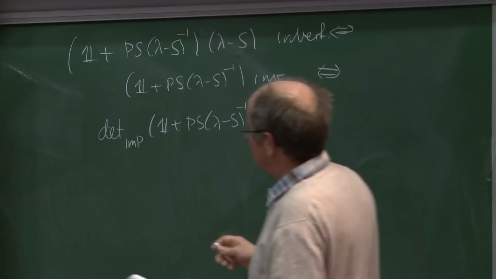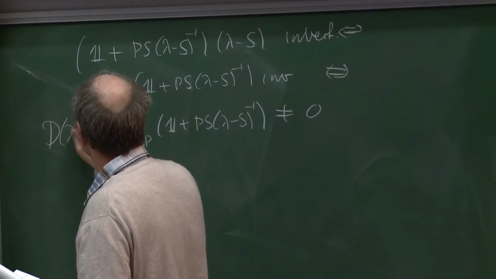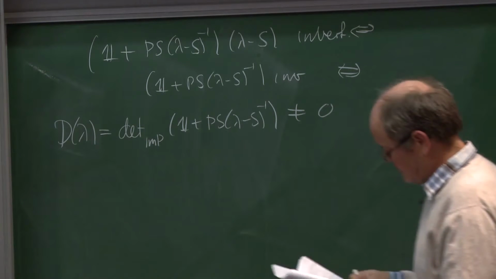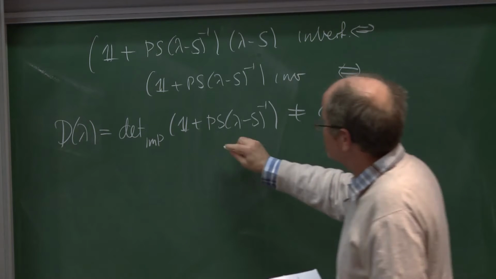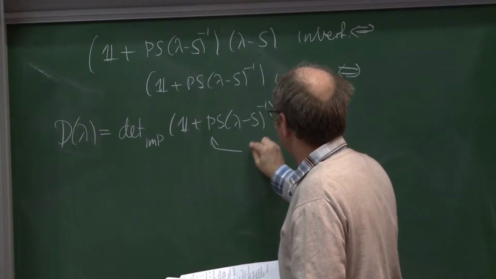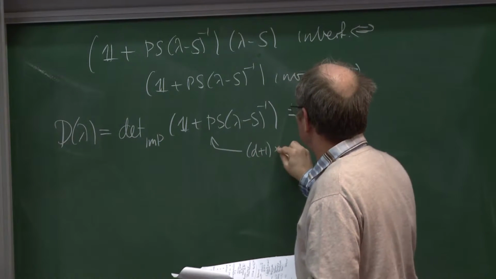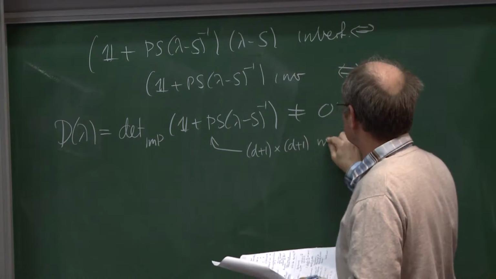So if we call this d lambda, then this, as I said, is a finite rank. So this really involves just computing a d plus 1 matrix.